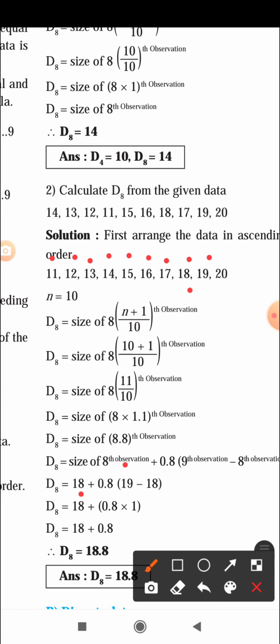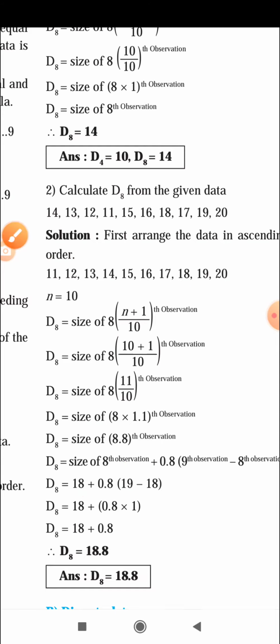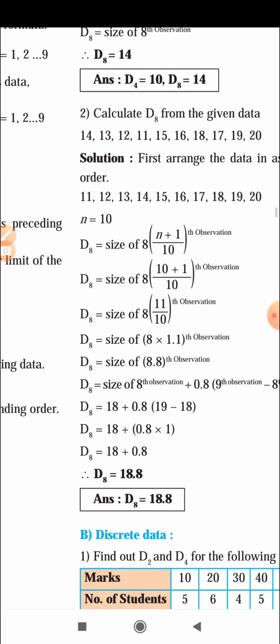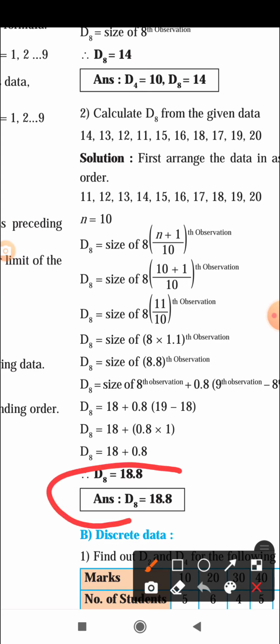So 18 plus 0.8 into 19 minus 18. So 19 minus 18 is 1, and 0.8 into 1 is 0.8, and 18 plus 0.8 is 18.8. That is our answer, that is D8, 18.8.